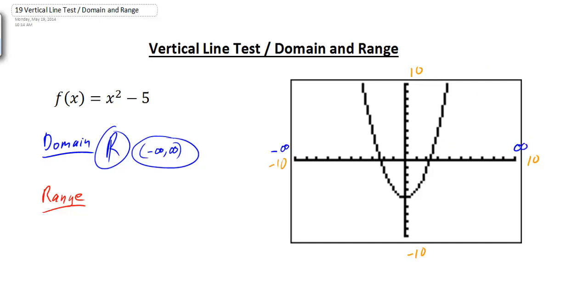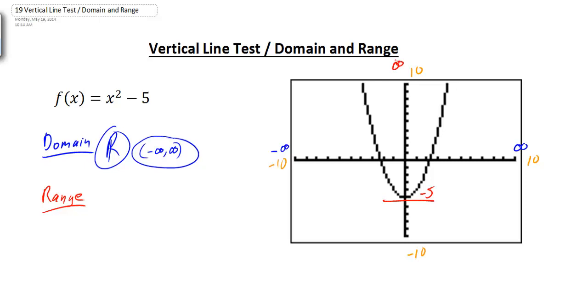So if we want to determine the range, then we want to know what is the lowest point on this graph. Does this graph continue to go down to negative infinity, or does it stop? Well, hopefully it's obvious the graph stops right here, and that is at 1, 2, 3, 4, at negative 5. So in other words, the smallest y value that we're going to have for the range here is negative 5. Now, of course, the graph goes up forever, so it's going up to positive infinity.